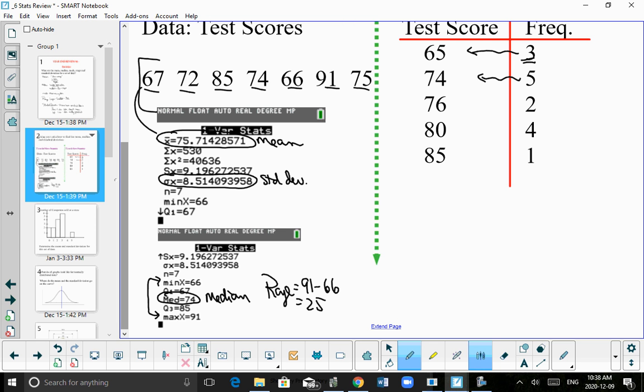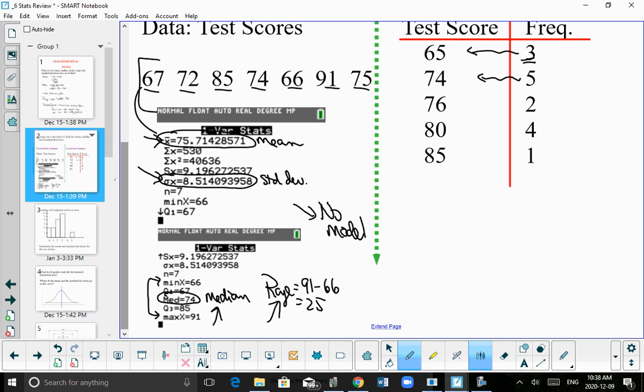Now, the only thing that the calculator doesn't give me is the mode. So the mode would be the data value that occurs the most times. When I look at this data set, none of the values are repeated, so there is no mode. Okay, so we've got the mean, the median, the mode, the range, and the standard deviation.